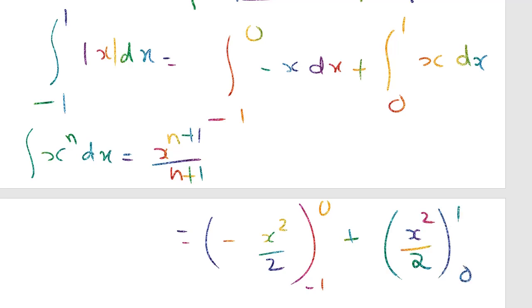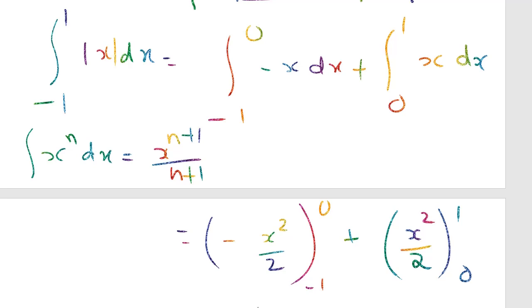Now we have to apply the upper limit and the lower limit. So, 0 squared by 2 minus, again minus 1 squared by 2, plus 1 squared by 2 minus 0 squared by 2.